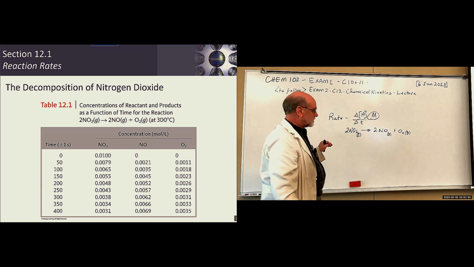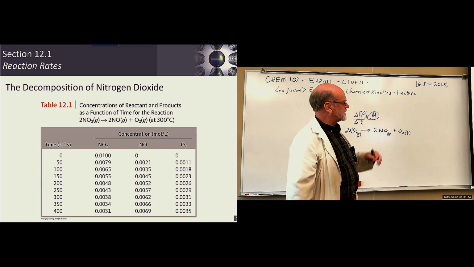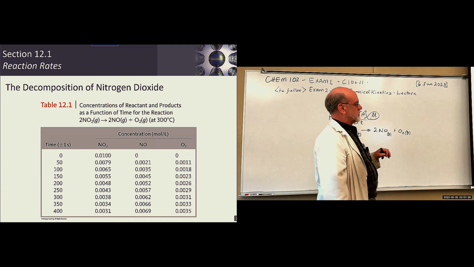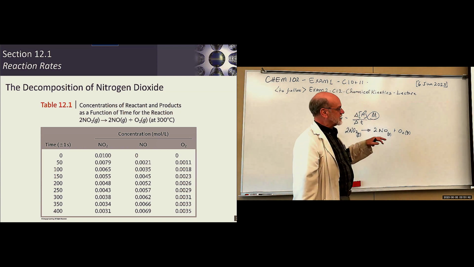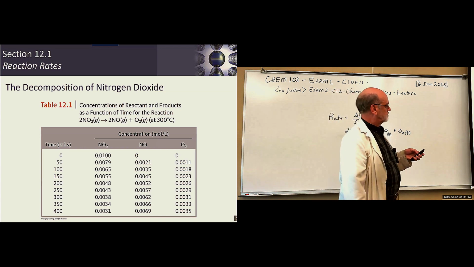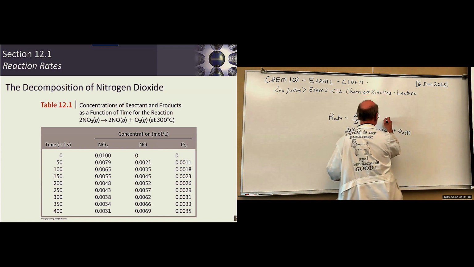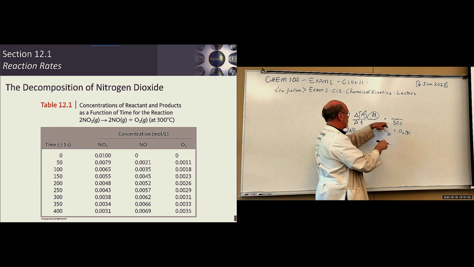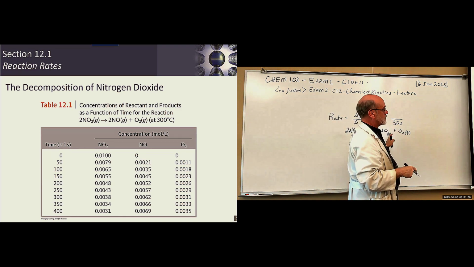But if we do track the reaction over time, it looks like at 50-second intervals, we measure the concentration of each one of these components. And we see that during the first time interval, a change in time of 50 seconds, that would be 0 to 50. And what's the change in NO2?